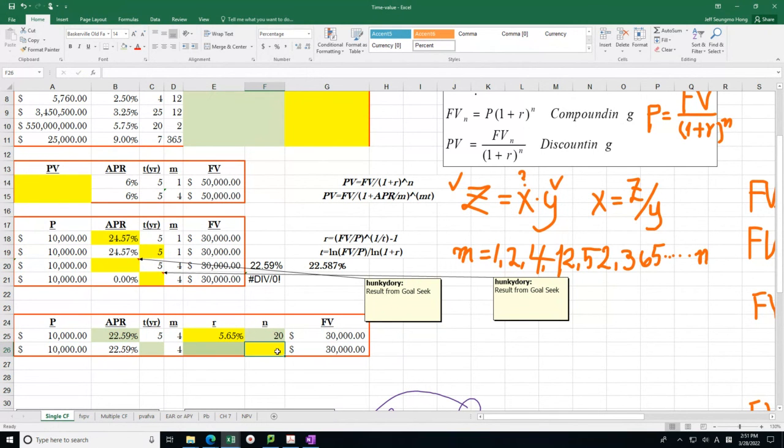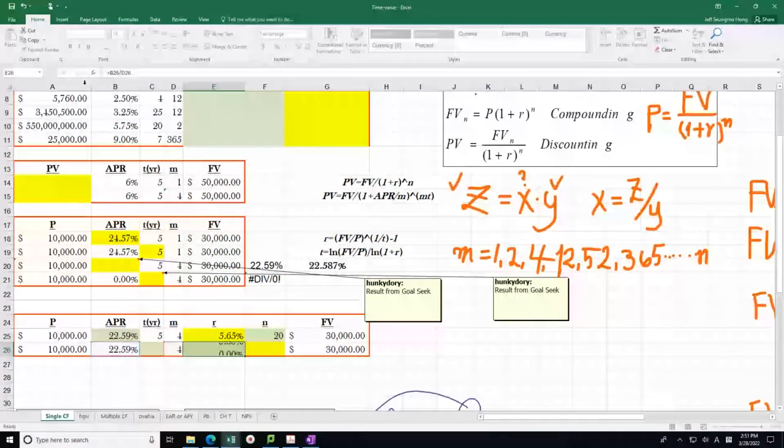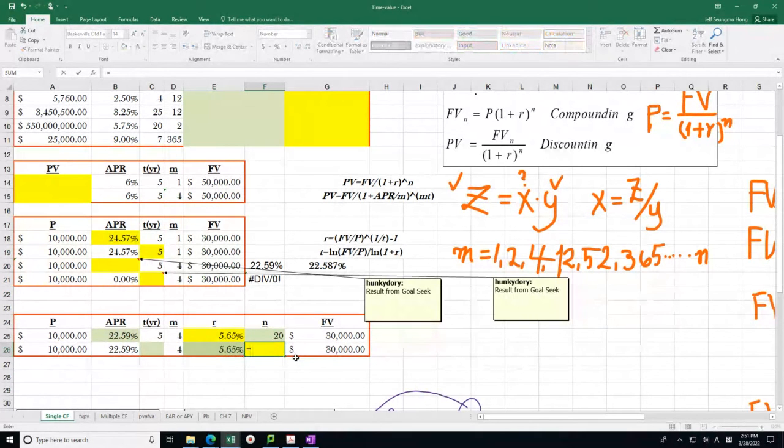And here, if you want to find n, first I'm going to divide this by 4, so that will be the quarterly rate, and then I'm going to use natural log of Fv over P divided by natural log of 1 plus r. Enter. It's going to give me exactly 20.